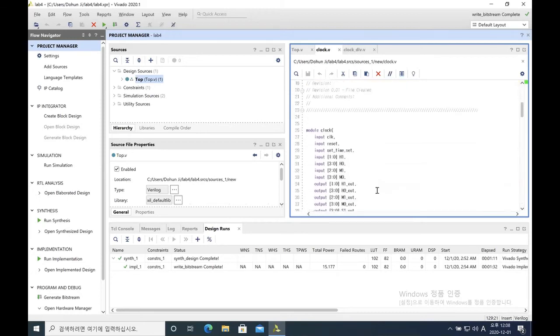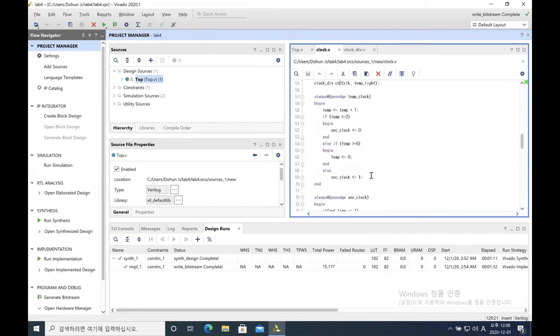And now we move to clock, which basically has a function similar to an ALU and the clock itself. It receives clock, reset, setting options, and some input values for set time and also set alarm.